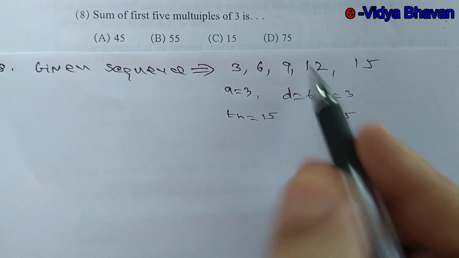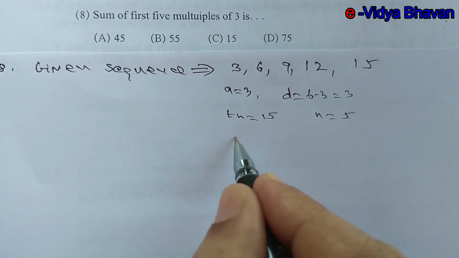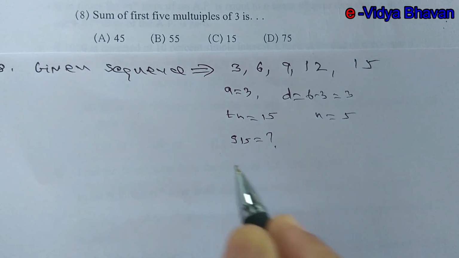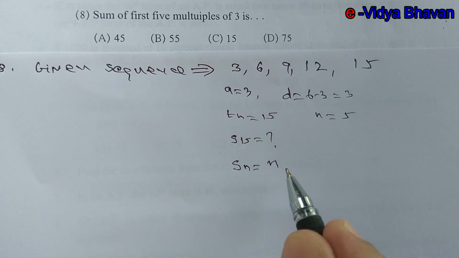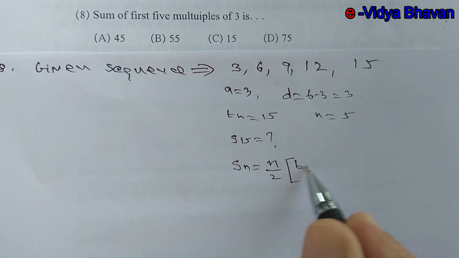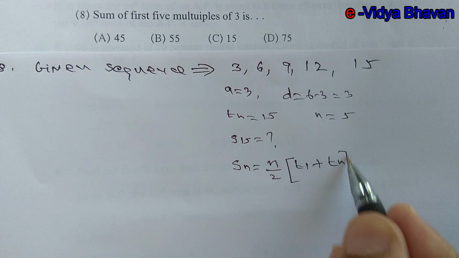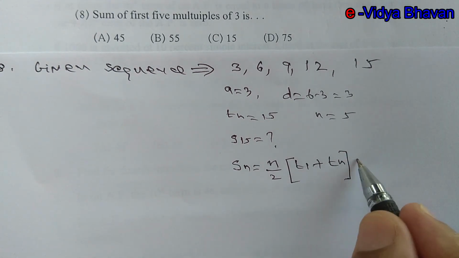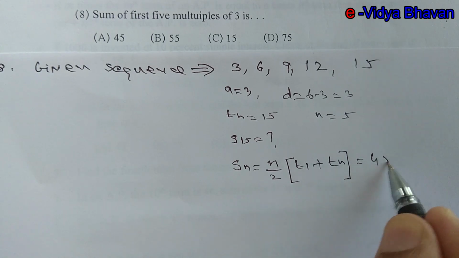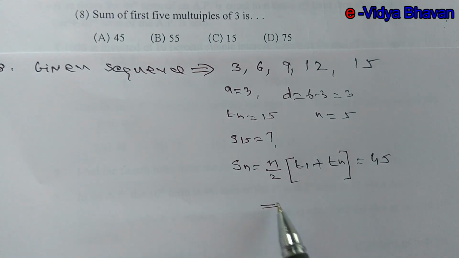You are interested in finding the sum, that is S5 is question mark. Use the formula Sn equal to n upon 2 times T1 plus Tn. You can use the first formula also, and your answer will come after substitution 45. That is your option A.